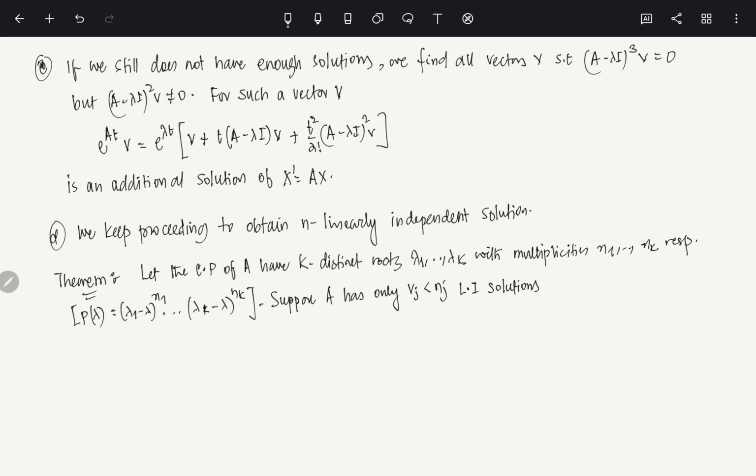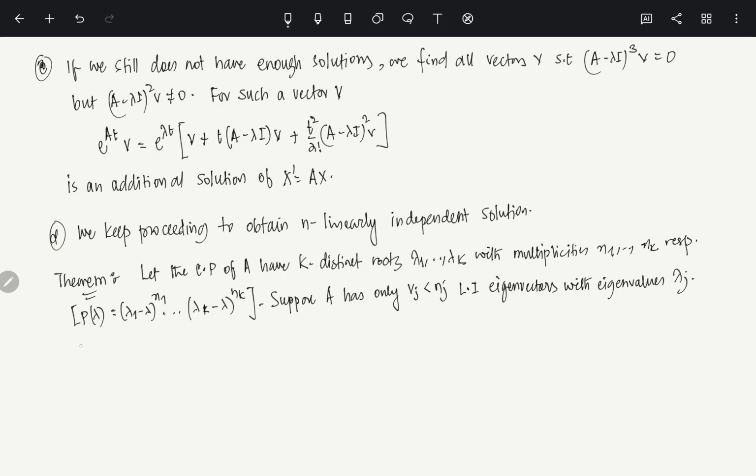eigenvectors, with eigenvalue lambda j. Sorry, I should not write solutions. Linearly independent eigenvectors with eigenvalue lambda j. This is our assumption.